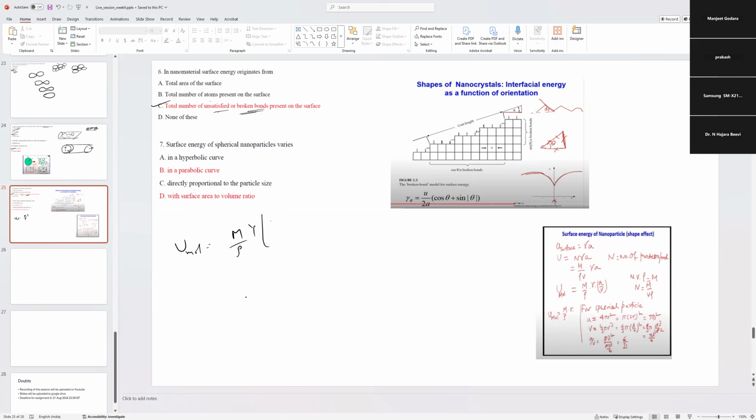Surface energy depends on particle size, definitely. It should be inversely proportional to particle size. A is like dimension squared, like length squared, and V is length cubed. So overall, it should be 1 over d. Hyperbolic curve or parabolic curve? So the parabolic curve.